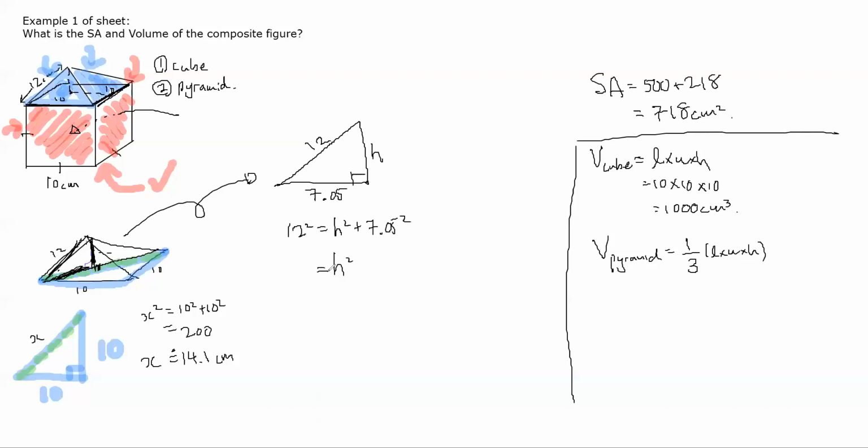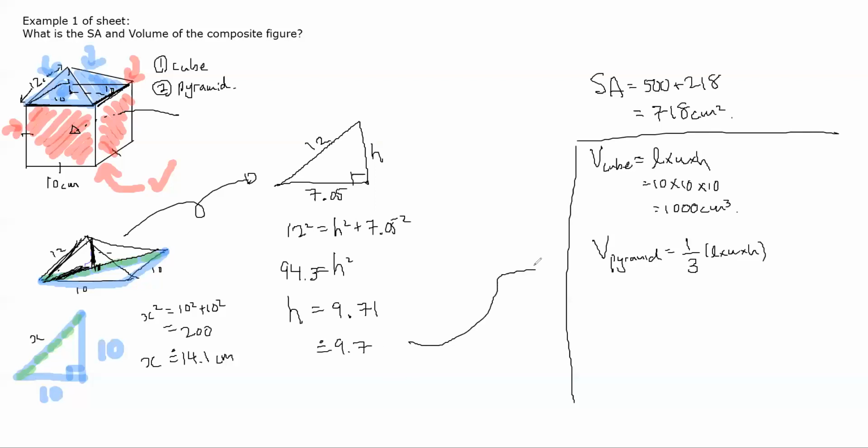That means h squared is going to be 94.3 approximately. That means the height is going to be approximately 9.71 or 9.7.